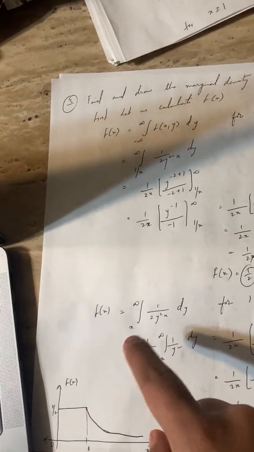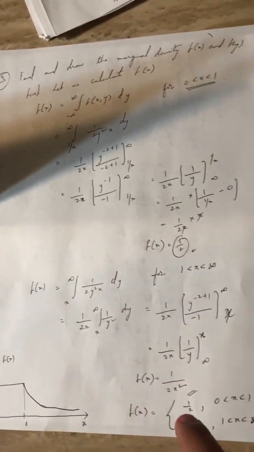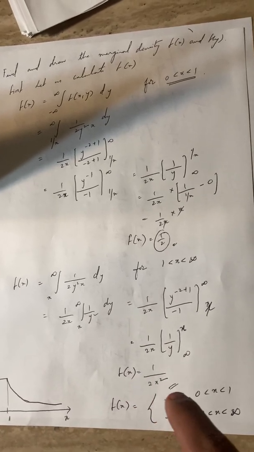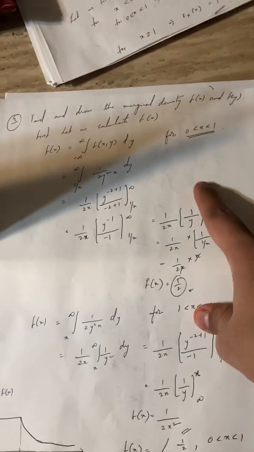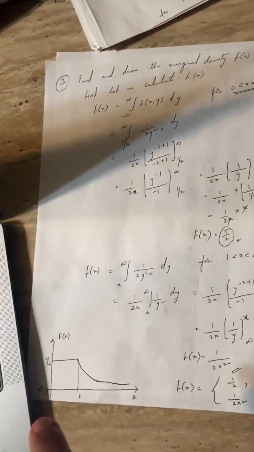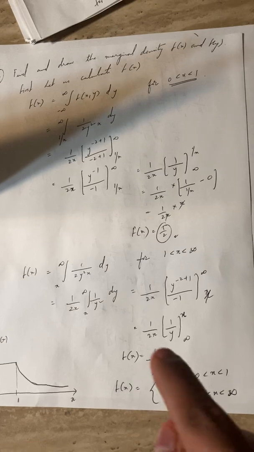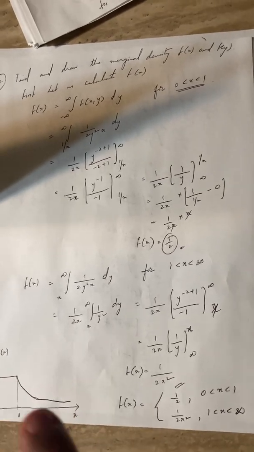I've substituted and calculated it, and it turns out to be 1 by 2 x square. I've drawn the graph for it. Between 0 and 1 it is 1 by 2, so I've drawn a straight line, and then it is 1 by 2 x square, so it is a decreasing graph.